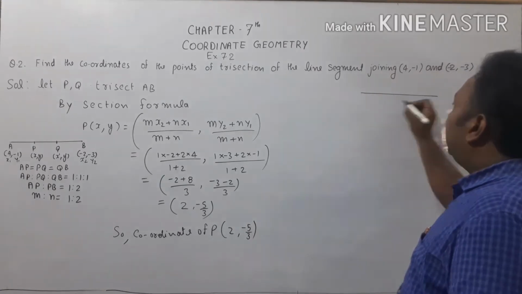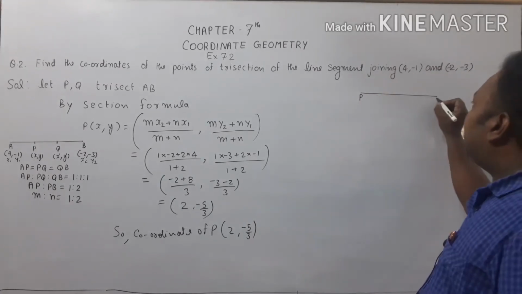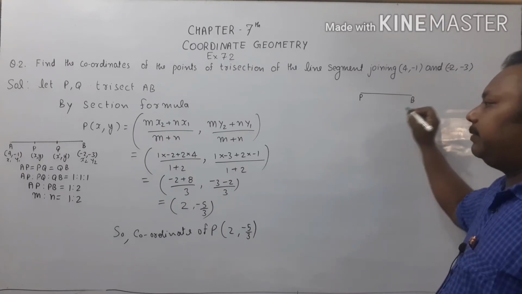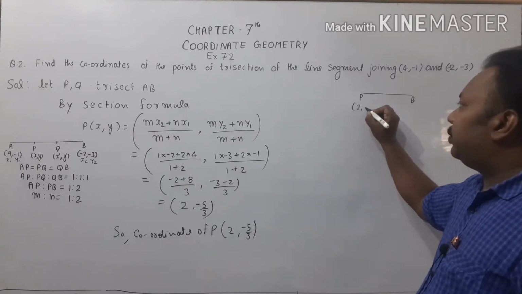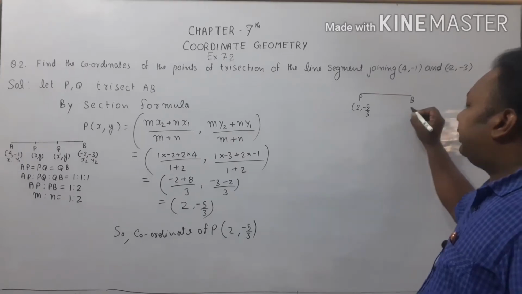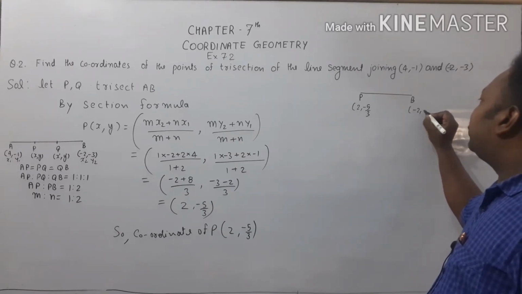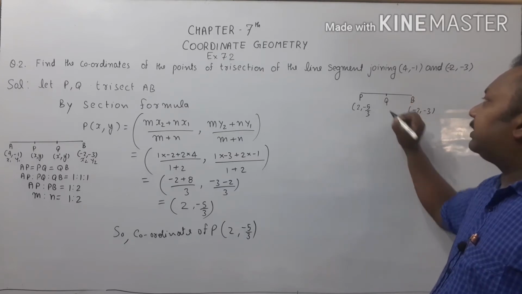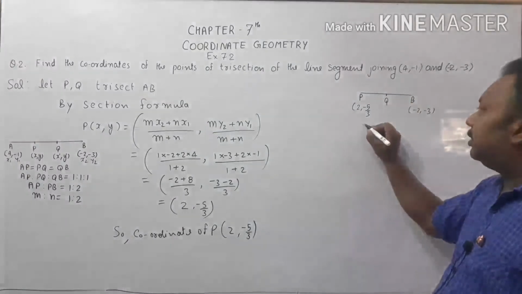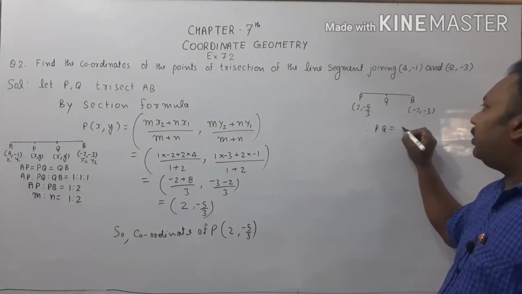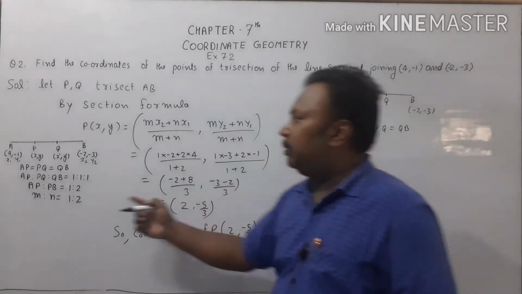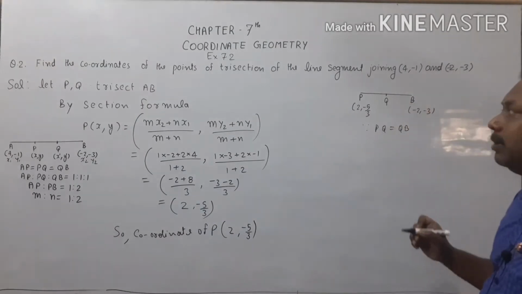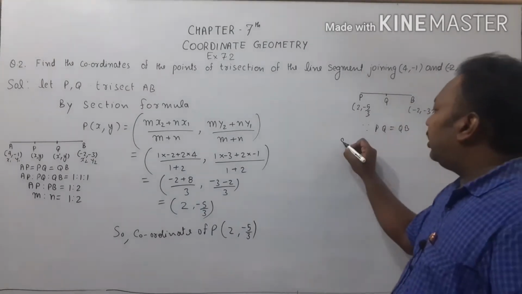Now we find out the coordinate of Q. So the coordinate of P is (2, -5/3). The middle point of this line is Q because PQ equals QB, so Q is the midpoint.